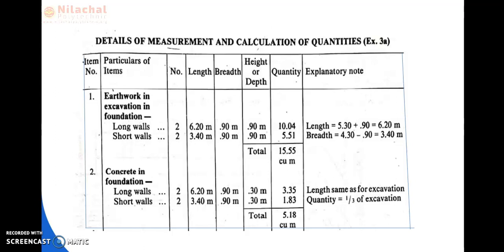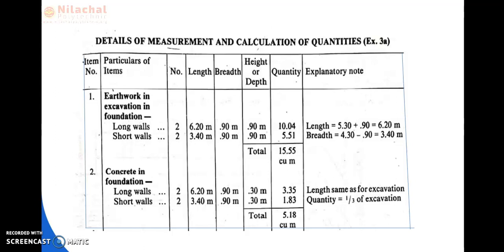The only difference is the height. The excavation height is from the bottom of the foundation to the ground level, and the cement concrete height is the specified thickness of the cement concrete. Okay.